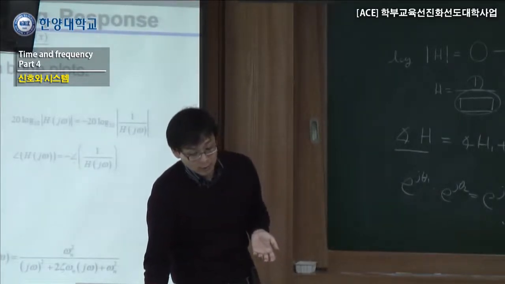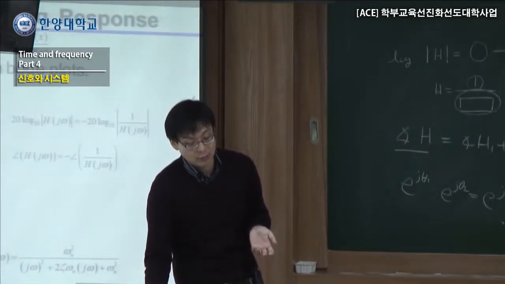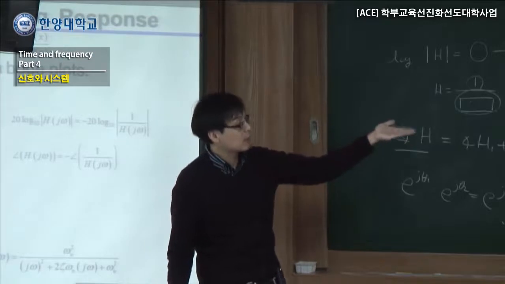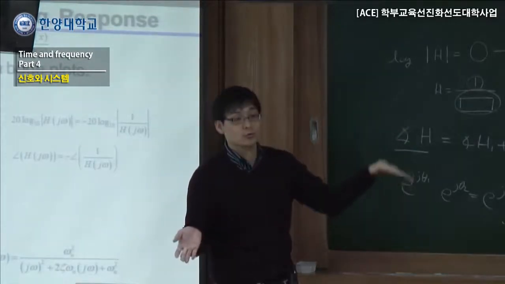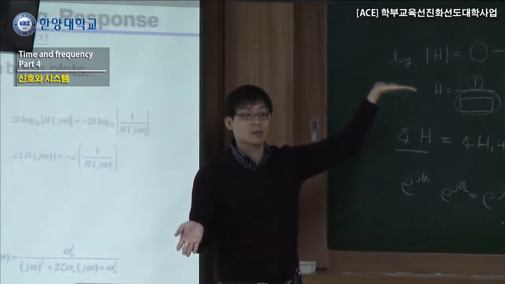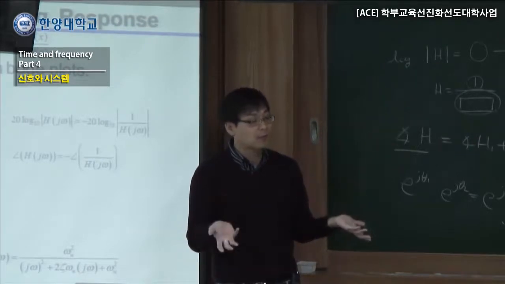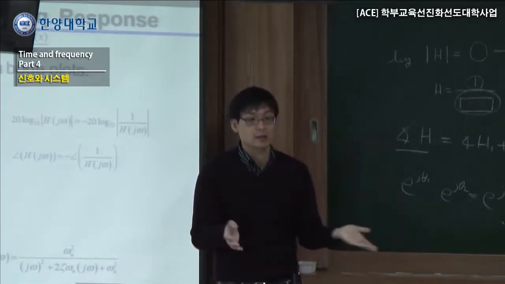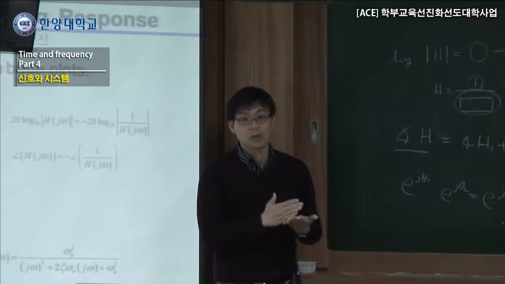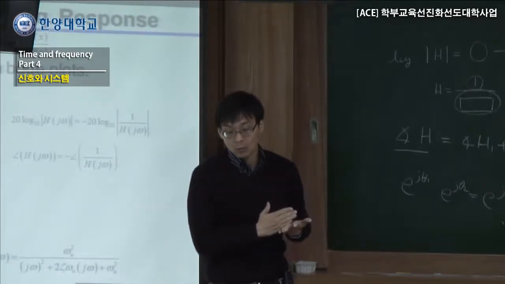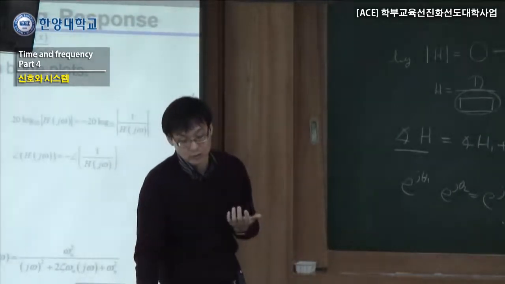Or if you have a constant multiplication of the system, the phase does not change, the amplitude shifts to the upper side, or if you divide by a constant value, it shifts to the downside. That's how we calculate both phase and amplitude plots without doing all the calculations.